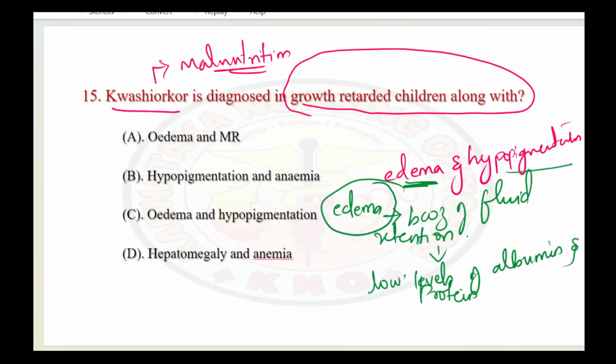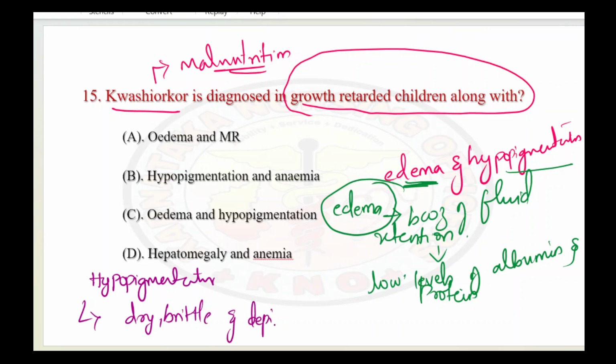The second feature is hypopigmentation, which is nothing but dry, brittle, and depigmented, patchy skin areas.